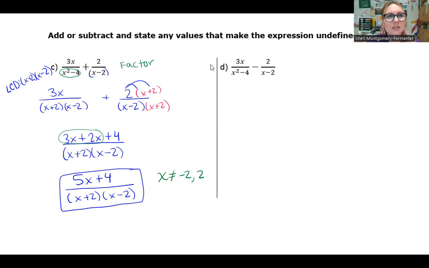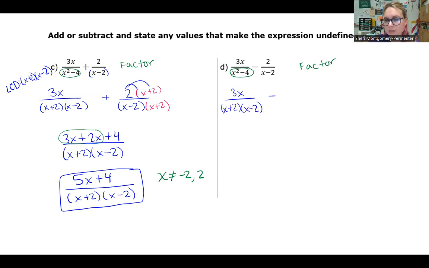These are almost identical. The only difference is one is add and one is subtract. So I'm also going to have to factor that denominator. And it's a difference of perfect squares. So I have 3x over, and once it's factored, x squared minus 4 is x plus 2, x minus 2.